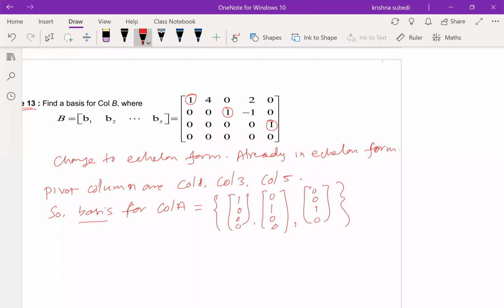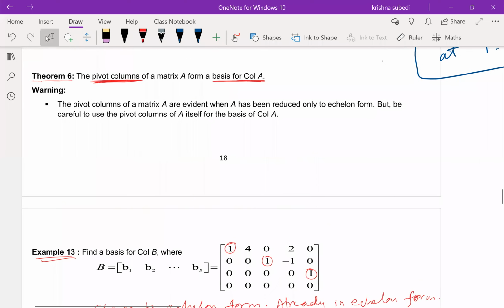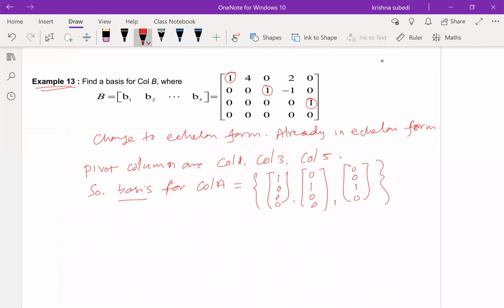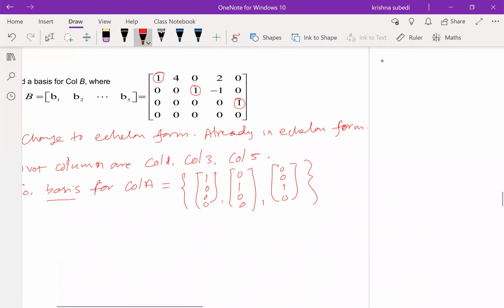Now, this theorem tells us that the pivot columns form the basis for the column space of A. These are automatically linearly independent, guys, okay? When you do it this way, these vectors are automatically linearly independent and they span the column space. It will satisfy the two conditions automatically.